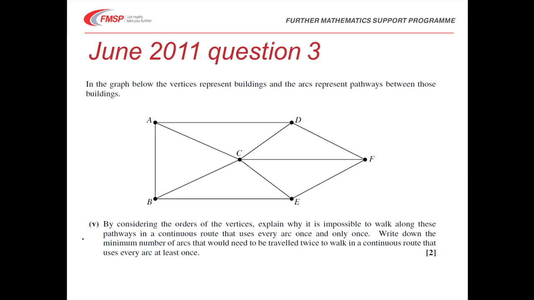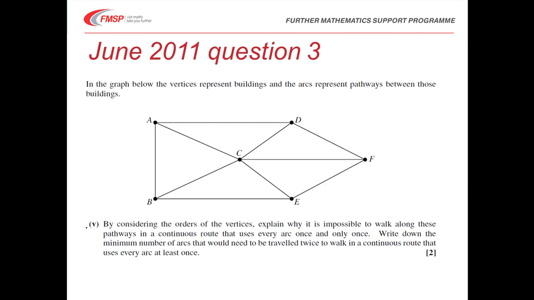It goes on because it then says in the graph below, the vertices represent buildings and the arcs represent pathways between the buildings. And in part 5 of this question, it says by considering the orders of the vertices, explain why it is impossible to walk along the pathways in a continuous route that uses every arc once and only once.